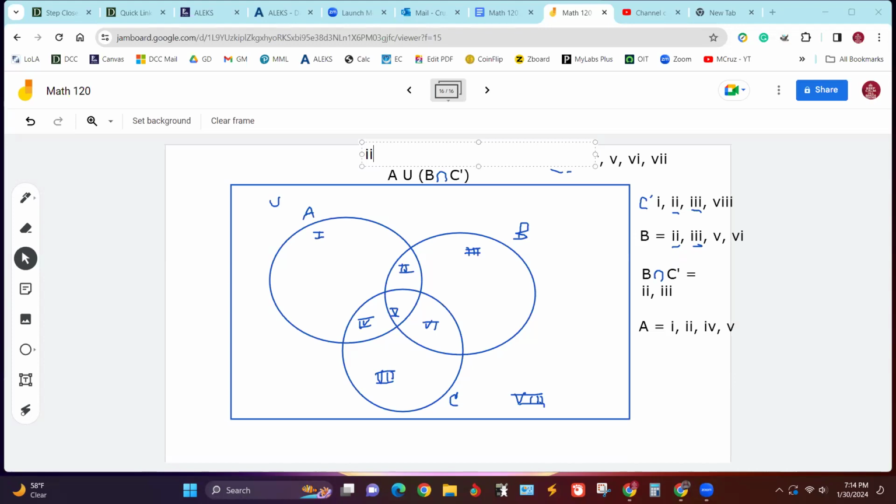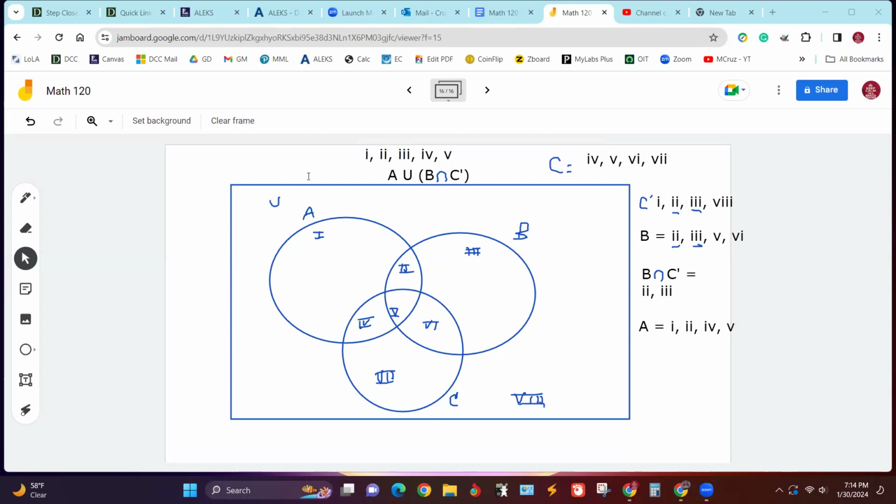So that's 1, 2, 3. It doesn't matter about the order, but it's always a good idea to do order so that we don't get confused. 4 and 5. And that's it. So we've got 1, 2, 3, 4, and 5.